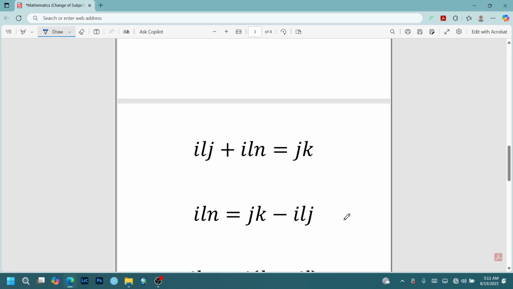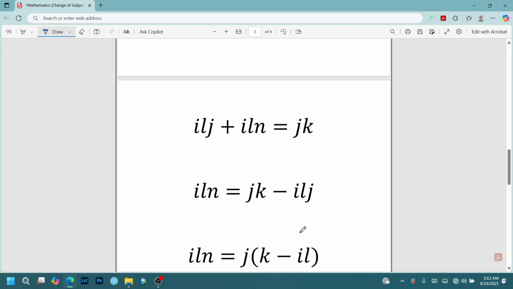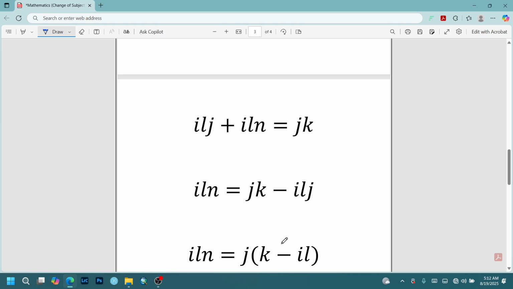So hence our equation, which is ILN equals JK minus ILJ, we factor J out because it's the common factor here on the right side of the equation. So we factor J out, and which number in the world can multiply J for us to get JK, and the only number is K, right?